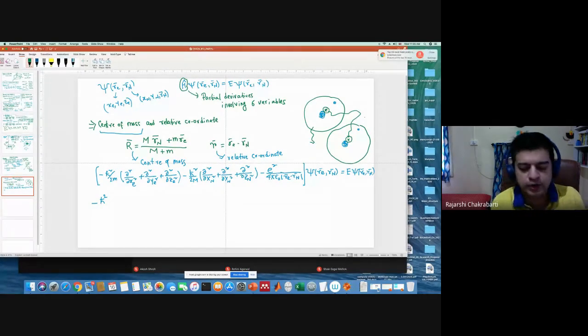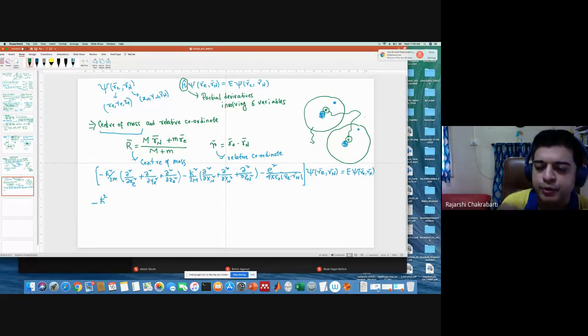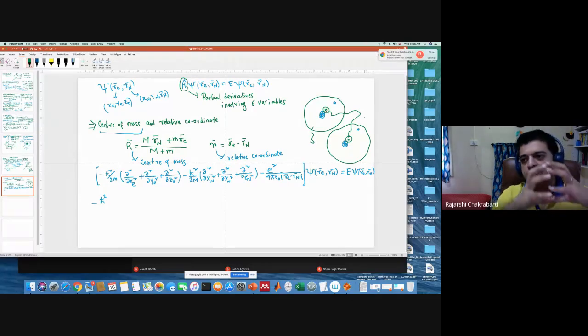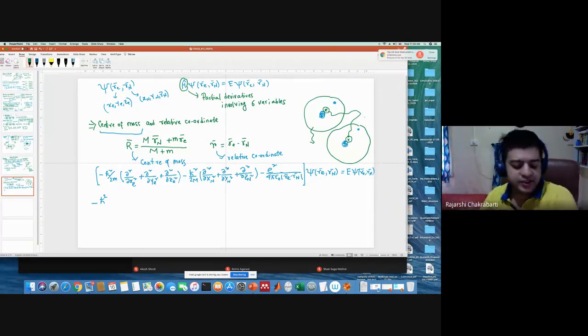Because right now we are not interested in the motion of the electron with respect to the nucleus. Right now we are looking at the motion of the whole body. Center of mass is here. It's like a translational motion.